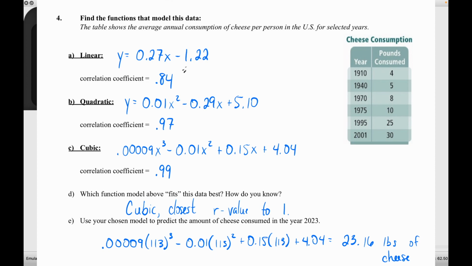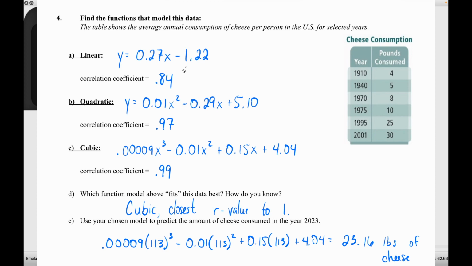If I rounded that to the nearest hundredth, it would technically round up to 1. So I could round that to 0.998. I'm going to leave it as 0.99 just because I don't want us to think that it's actually a perfect fit, but it is really, really close. That would be the way that it would model the best.